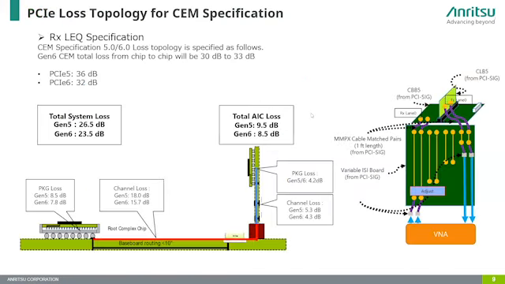For the loss criteria, or loss topology from chip to chip, PCI Gen 6 specifies 32 dB loss at the worst case scenario. So a lot of ISI. Then you characterize the whole channel from input to output to be 32 dB, including the package loss of the chip.